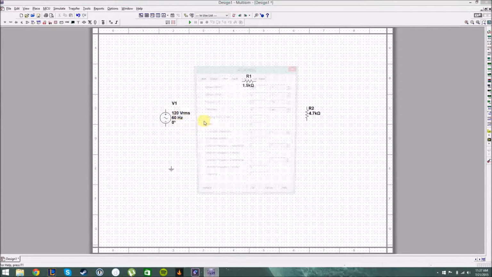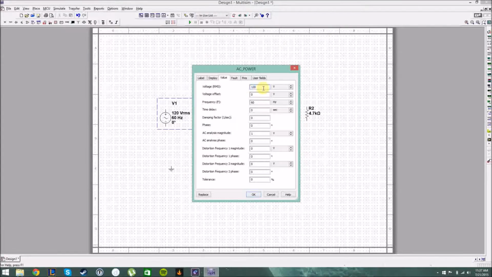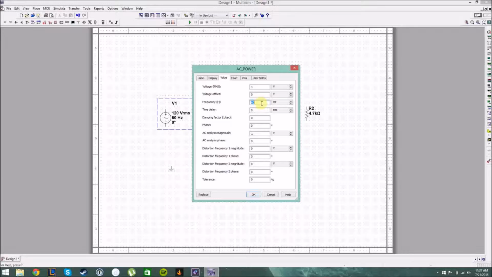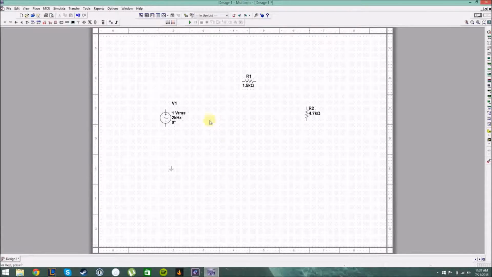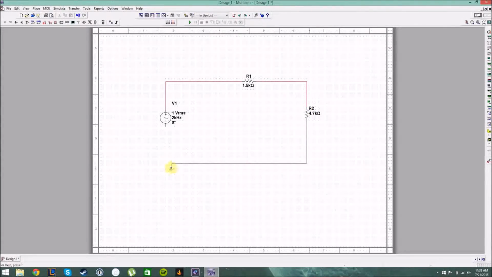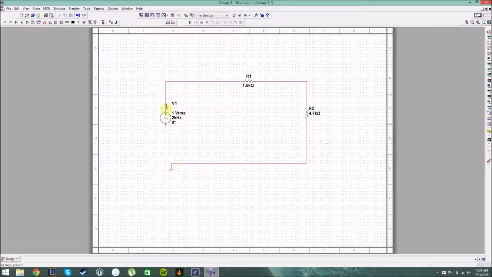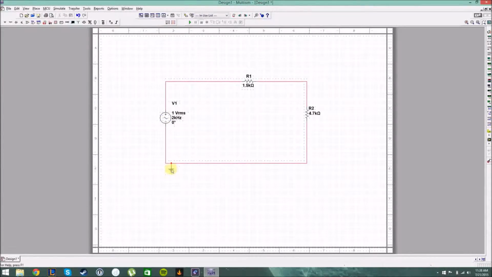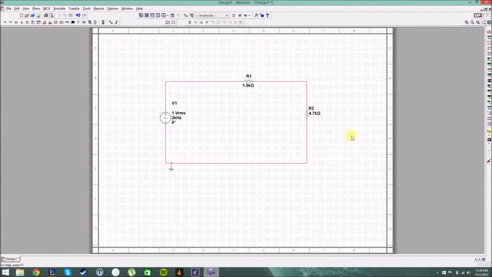For our VRMS we decided to use 1, and for our frequency we decided to use 2 kilohertz. Let me go ahead and connect this. And that's our circuit.